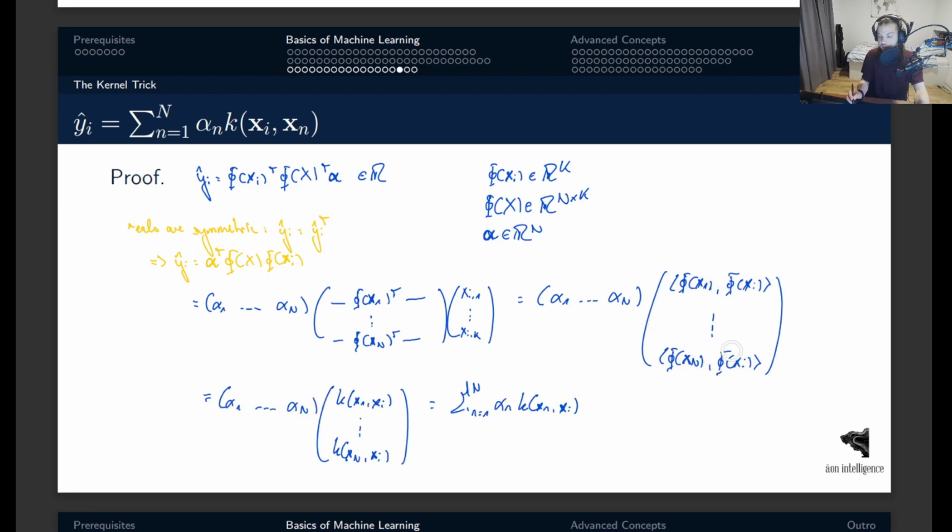And since we can rewrite these inner products of feature mapped observations as evaluated kernel functions, we arrive at this expression. Now it's not hard to see that this is the inner product between the alpha vector and the kernel evaluations for the individual observations x1 to xn as the first argument, and the fixed xi as the second argument. And this is equal to the sum that we have above. So the kernel function is per definition symmetric, so the order of the arguments doesn't matter. So we are done.